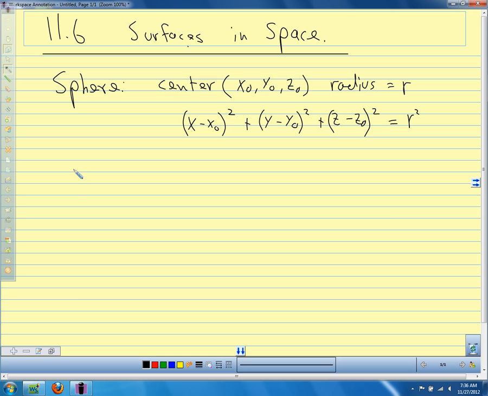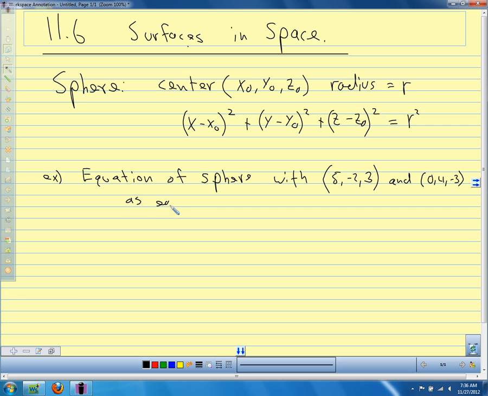So let me just ask you a quick question. We're not going to go through the entire process, but I just want to talk about how we would go about this. We want the equation of a sphere with (5, -2, 3) and (0, 4, -3) as endpoints of a diameter.